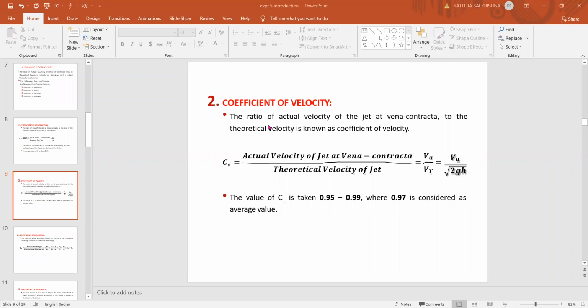Next, we need to know about coefficient of velocity. The coefficient of velocity is the ratio of the actual velocity of the jet at vena contracta to the theoretical velocity.